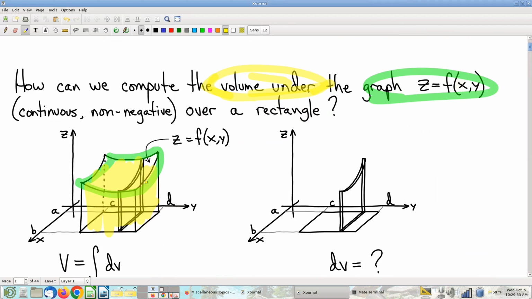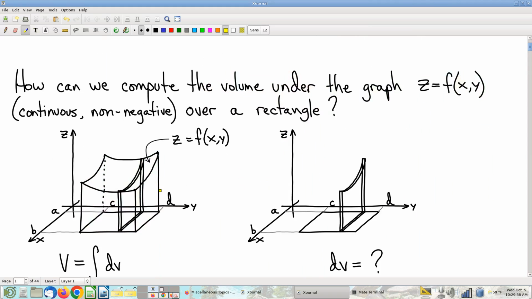And, well, bad news, good news. The bad news is that my cross sections are not easy to understand. Right? That cross section is not a disc. It's not a square. It's not an equilateral triangle.